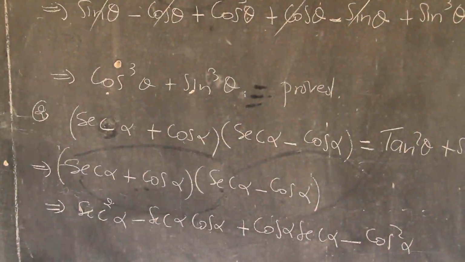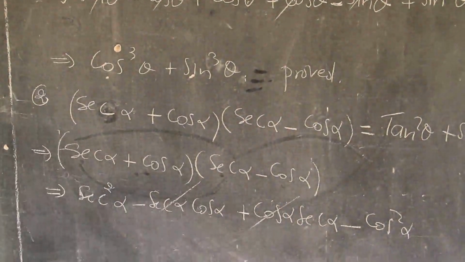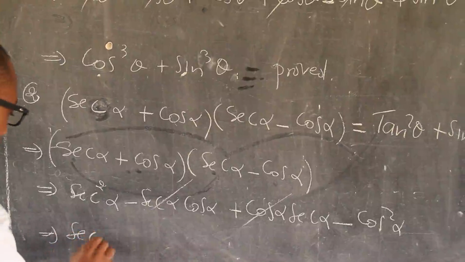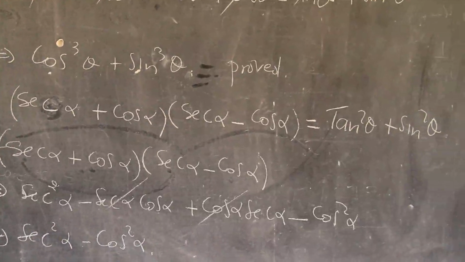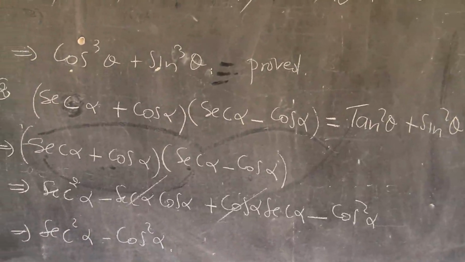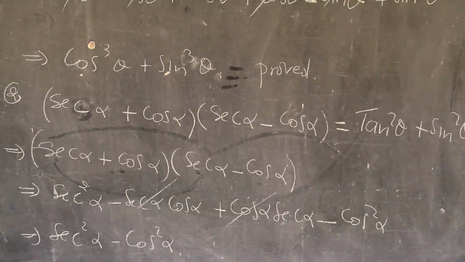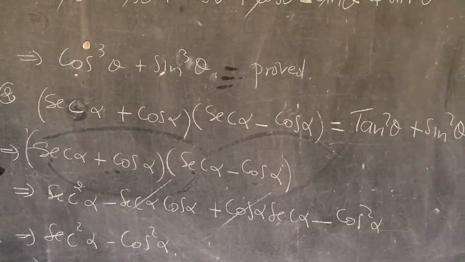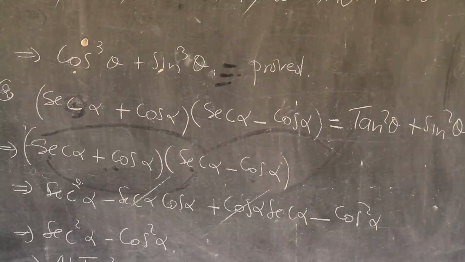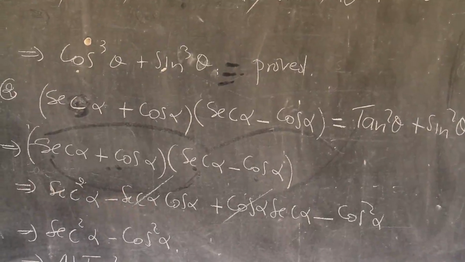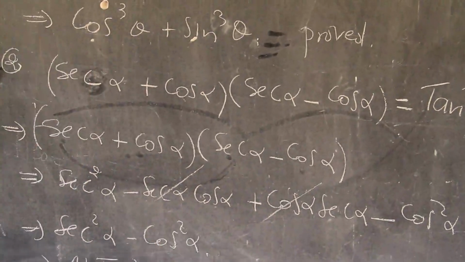So now, once I remove this, what will happen? We have said that sec squared is 1 plus tan squared, from this formula. Minus, this one is 1 minus sine squared.